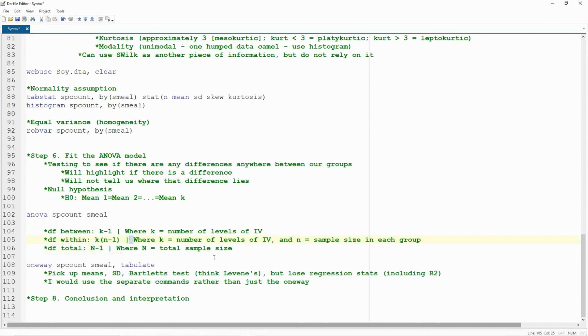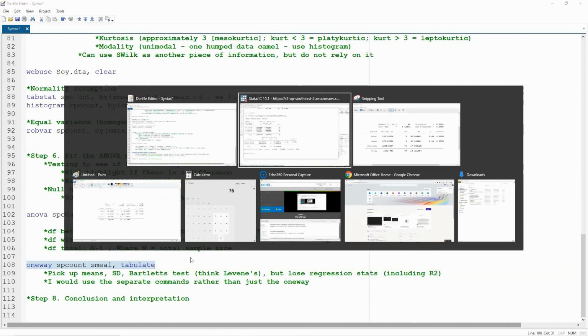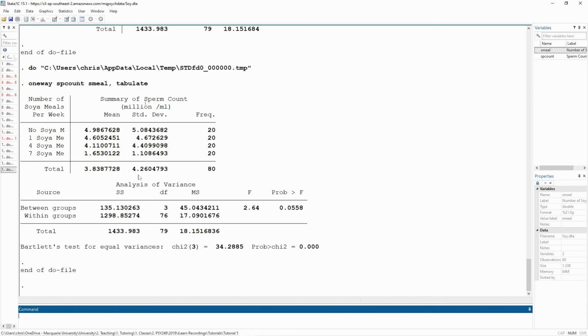Despite all of this, we could have taken a different approach to calculate our ANOVA. We could have used the oneway command. So here, oneway, dv, iv, and then we can use the tabulate option afterwards. If we did this, we'd get univariate statistics, so our means and standard deviations. We get our ANOVA table. We'd also get Bartlett's test, which is similar to Levene's, so it tests equal variance.